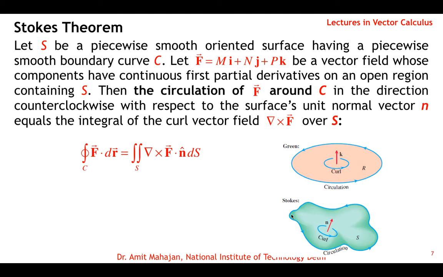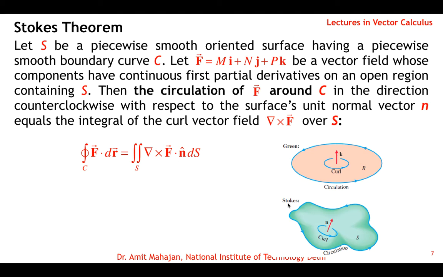But now we have a curve in space, so the unit normal vector will be n cap, and it will depend on all three components i, j, and k. If we assume this to be in a plane, then n cap will be k cap, and this will reduce to Green's theorem.